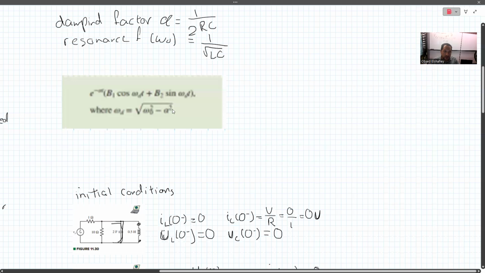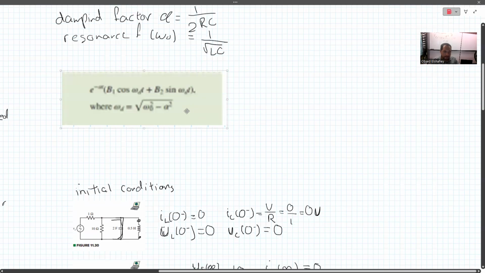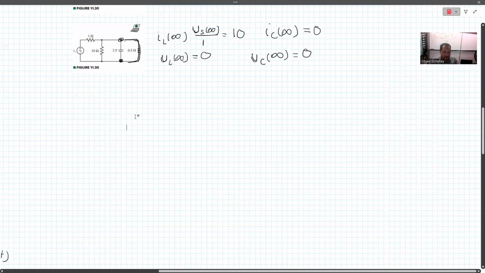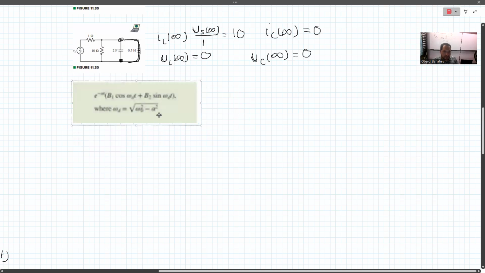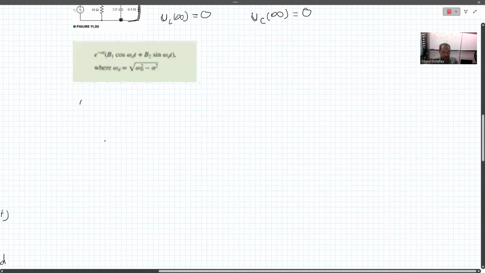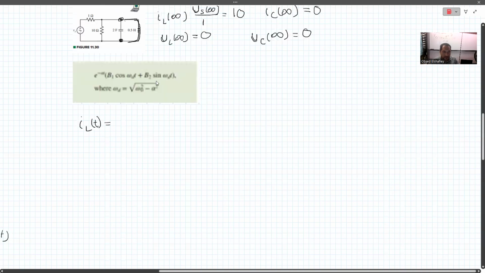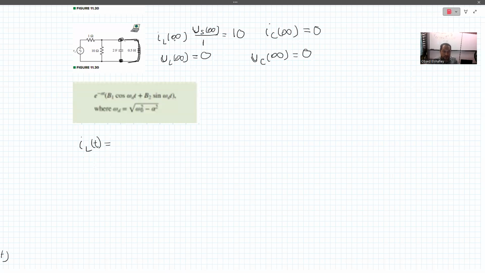Let's start by defining our I. So we mentioned that IL is equal to IL of t, which is equal to IL infinity, which is the final response, plus the natural response.